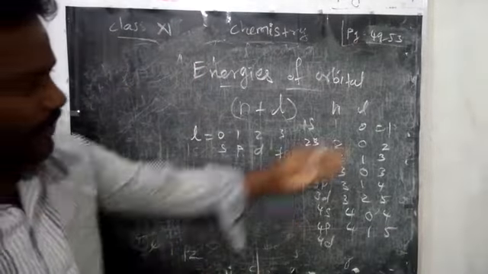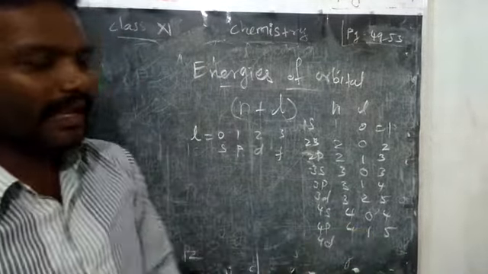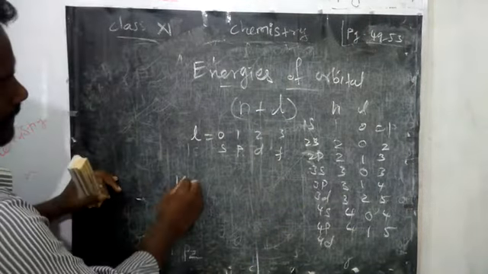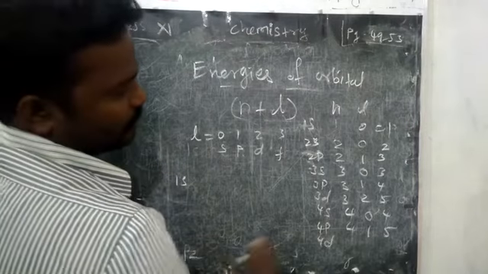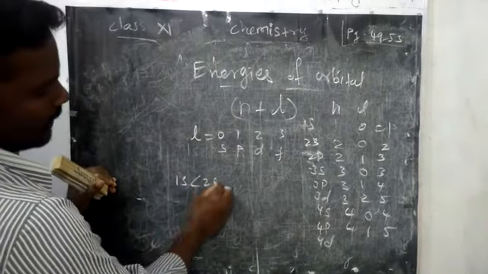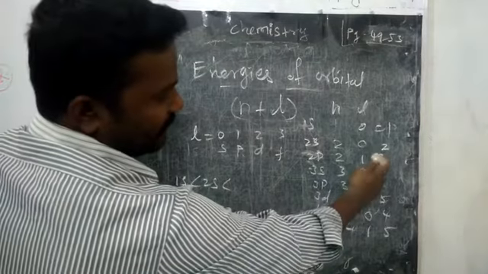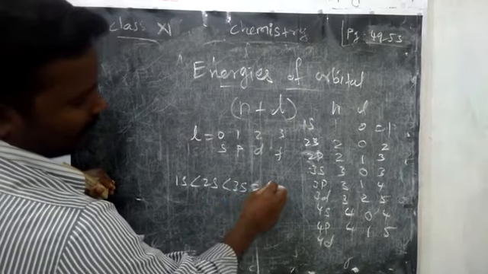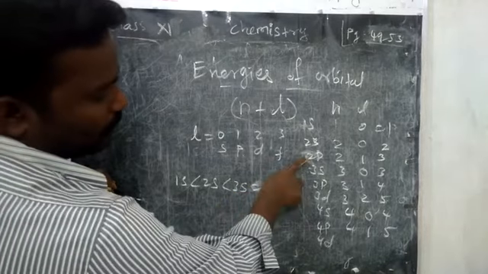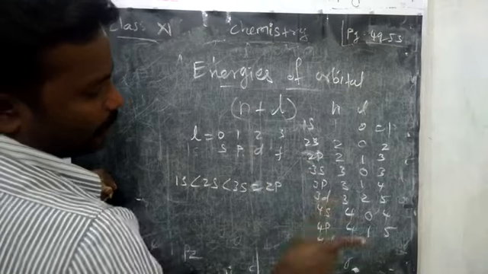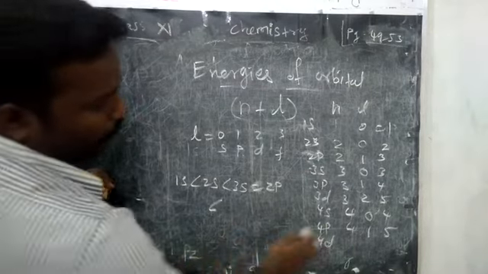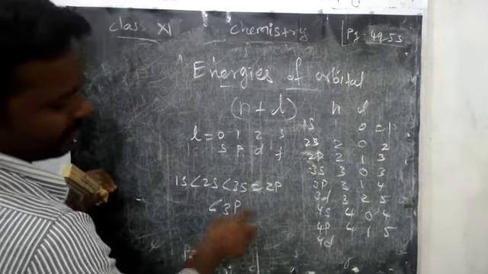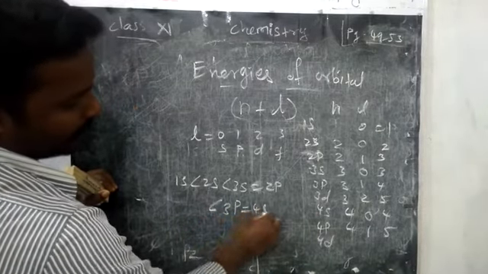So based on this sequence, now we can arrange all the orbitals. First 1s. Next to 1s, 2s. Next to 2s, 3: there are two with 3, 3s and 2p, both having the same energy. Next this is important: 4 comes for 4s as well as 3p. So 3p, next to that 4s.